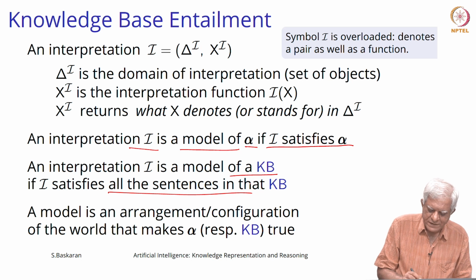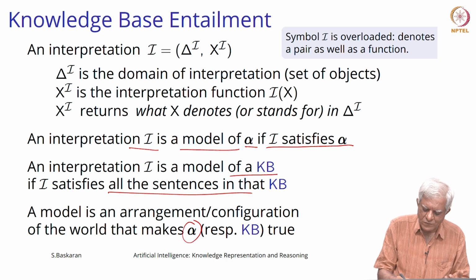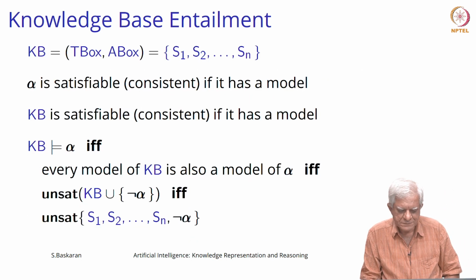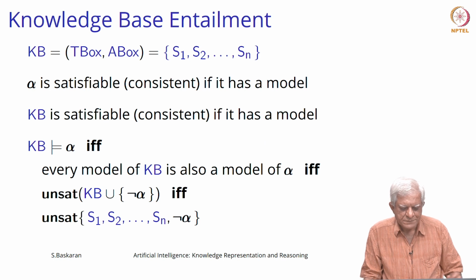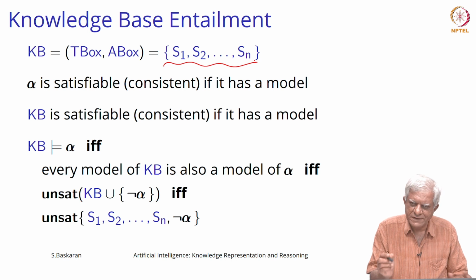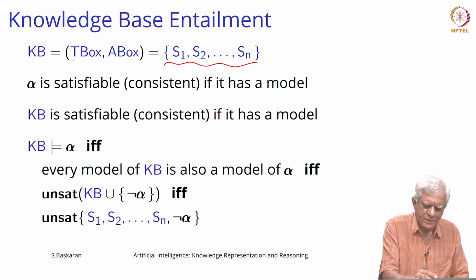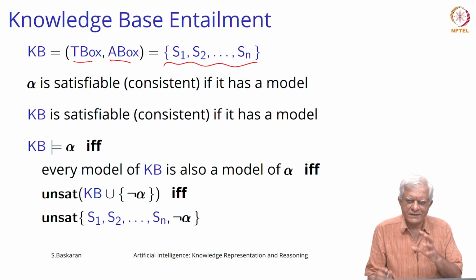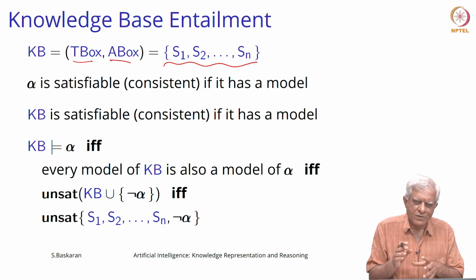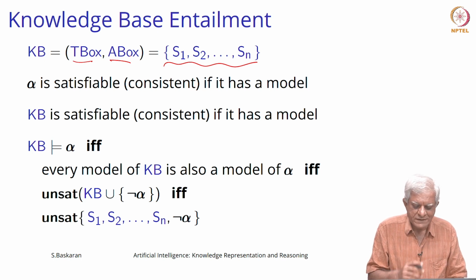And a model is an arrangement or a configuration of the world that makes alpha true with respect to the knowledge base. If you have a set of sentences which form the knowledge base, there will be a combination of T box and A box sentences. Remember that T box is a terminology box which does not talk about individuals, but of relations between concepts and roles and so on, whereas A box talks about individuals, the assertion box.